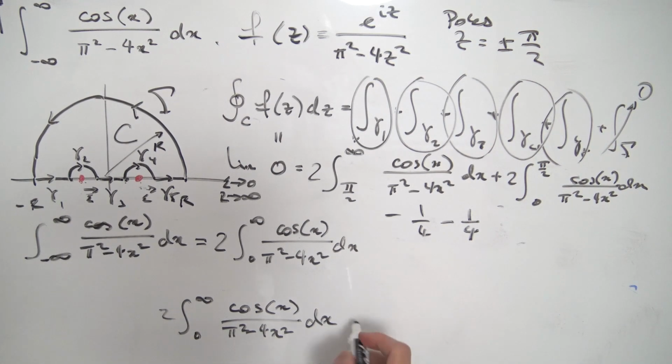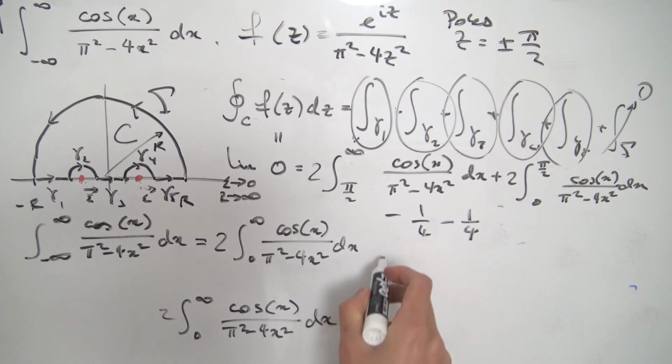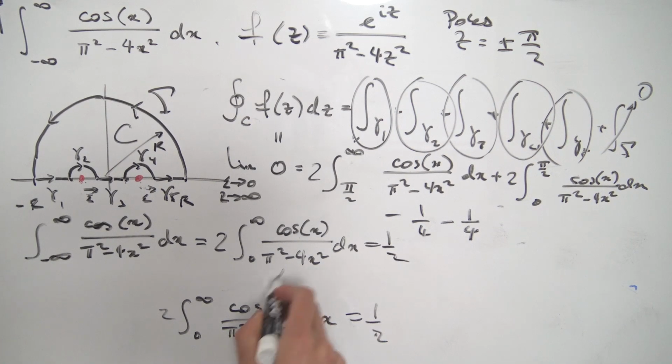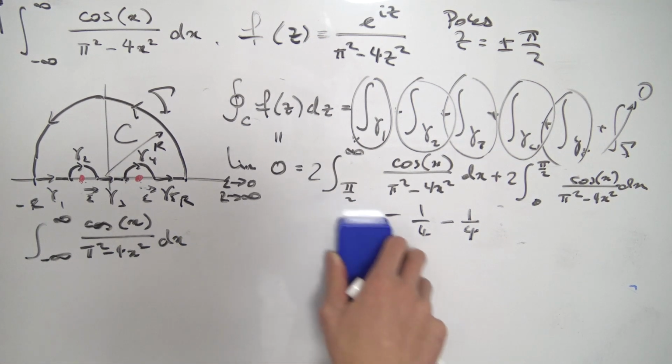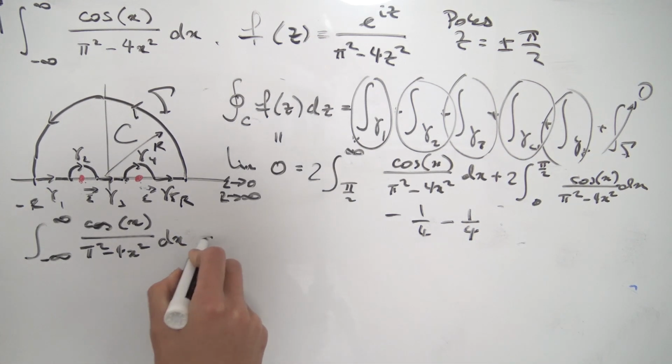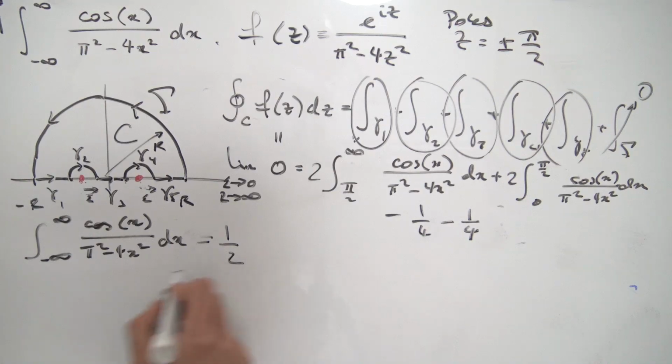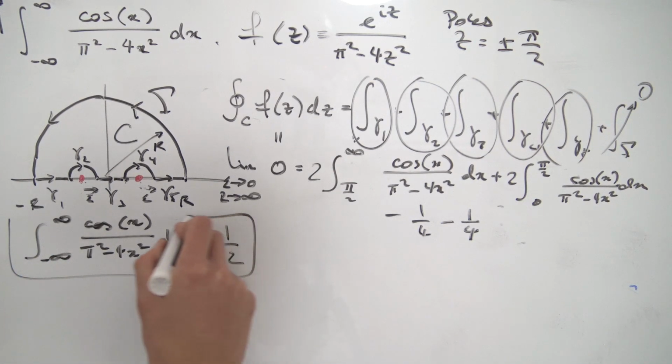So this is going to be a half right here. And so there you go, we have the answer of a half we're looking for, because these two integrals are the same thing. So overall, what's the final result? The integral from minus infinity to infinity of cosine of x over pi squared minus 4x squared is exactly equal to 1/2. So that's the final result for today's video.